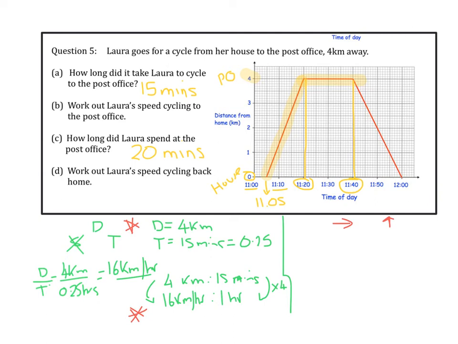So here we're going, how many across? Well, it's from 11:40 to 12. So that's 20 minutes across. Now, that's 20 minutes. So I'm going to change that to 1/3 of an hour. 20 out of 60 simplifies to 1/3.